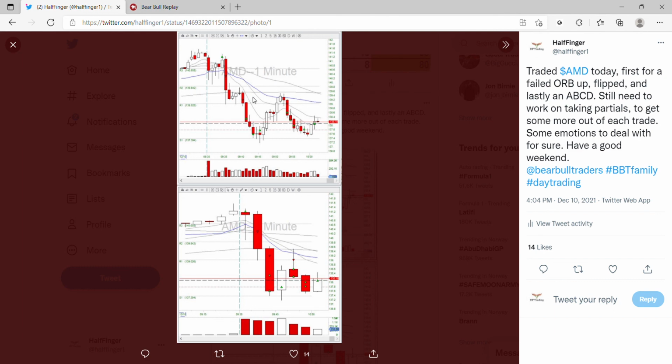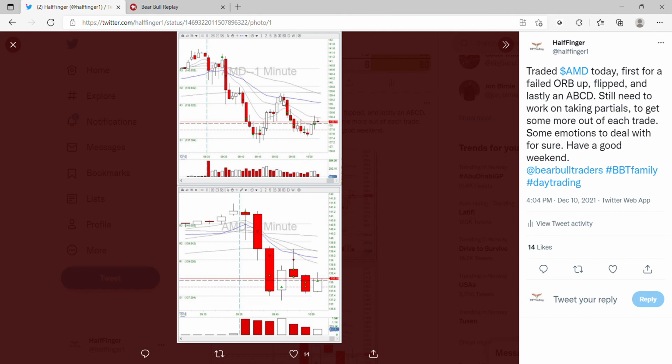Yeah, I didn't get the best entry here, so that made the risk to reward not as favorable. So you see, lucky for me, the move here was so big, so the first partial is down here instead of here, because 1R is a lot further up. So that's why it's important to get a good entry.